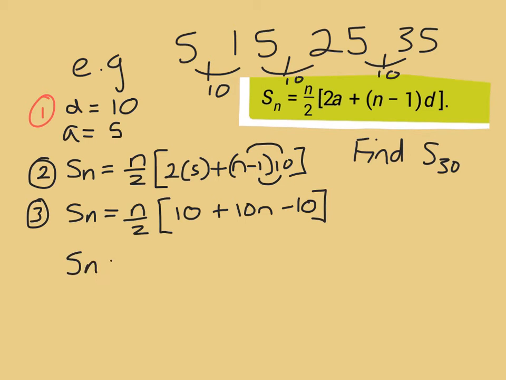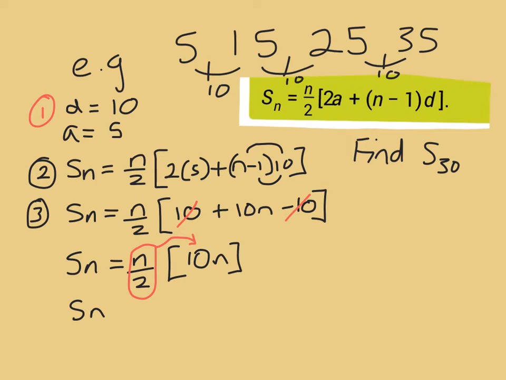And then I get Sn equals n over 2. If I simplify those brackets further, what I can see here is that plus 10 and minus 10 cancel. So what I get is 10n in that bracket. Again, simplify that. All I'm going to do now is multiply all of this by that.